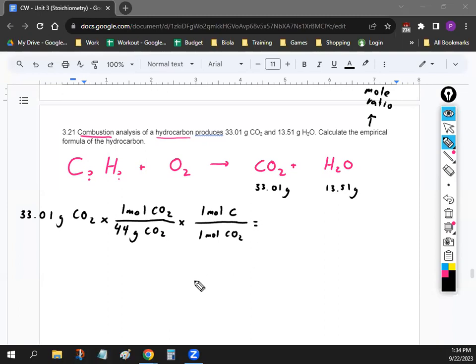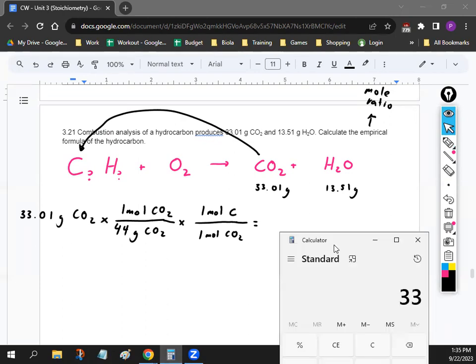And so if you solve that, you can figure out how many moles of carbon are in 33.01 grams of CO2. And consequently, that's the amount of carbon in the entire reaction. Okay? So we're just going to punch that in our calculators. That means 33.01 divided by 44. It's going to give you about 0.75.